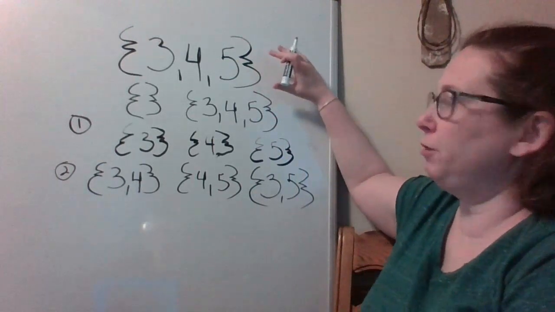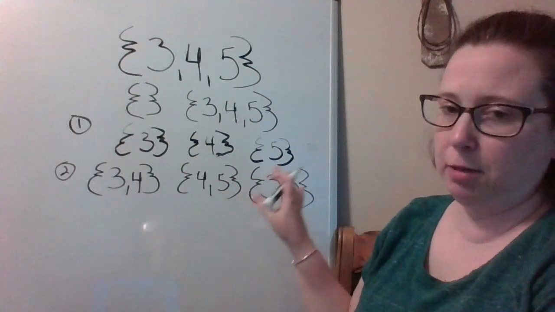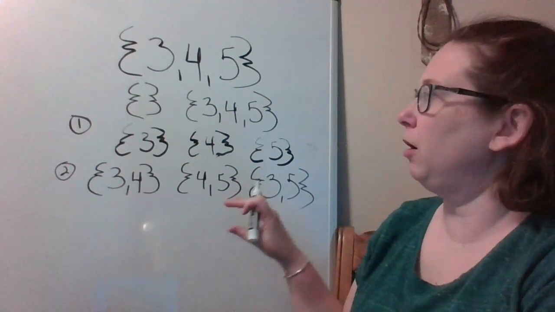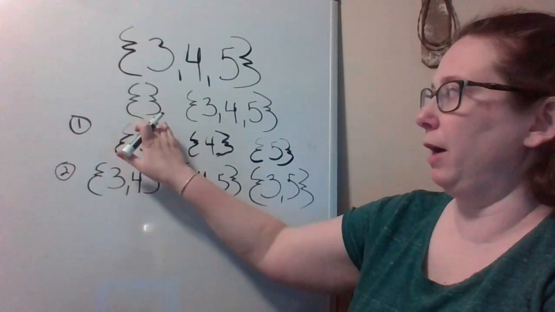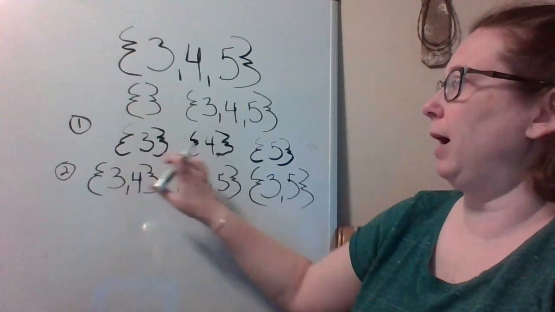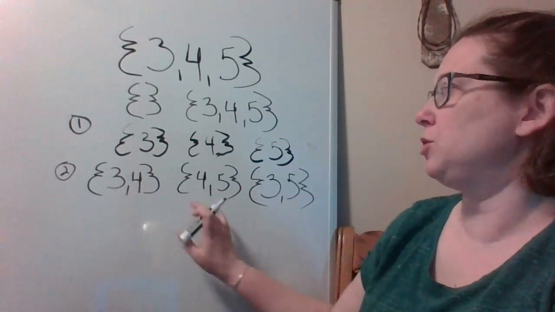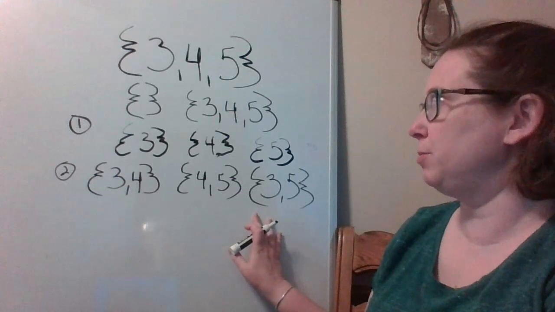When we have 3 elements in our universal set, this is a complete list of all of our subsets. We have the empty set, we have the universal set, we have 1 element in each subset and 2 elements in each subset.